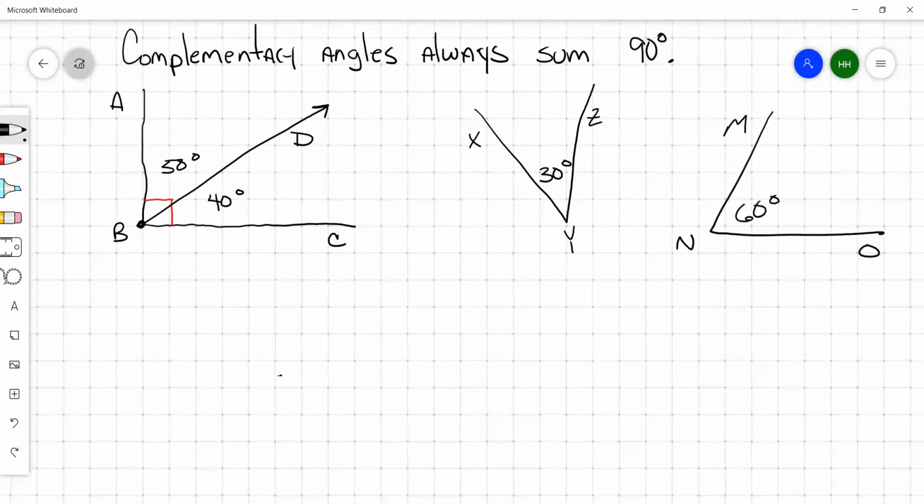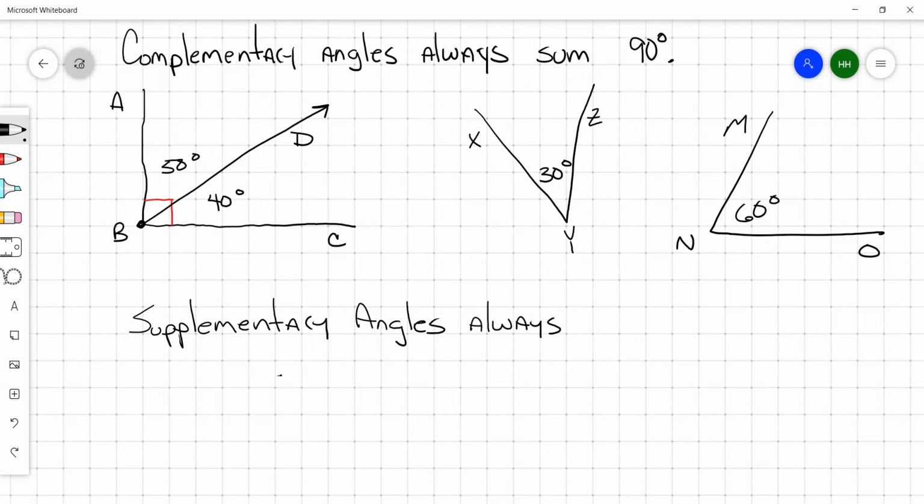Supplementary angles, those always sum 180 degrees. All right, supplementary angles always sum 180 degrees.